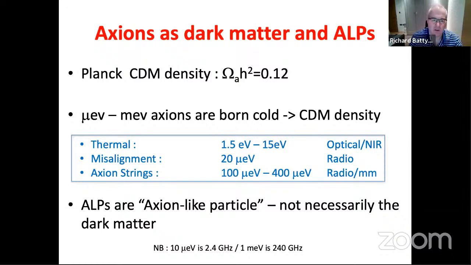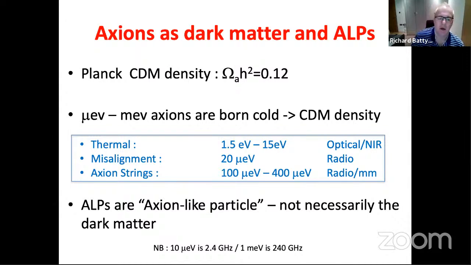The axion is a term that's used rather ubiquitously in theoretical physics to describe any kind of U1 symmetry. But I'm talking specifically about axions as a dark matter candidate. What we have to do is create a particle that has a density omega axion h squared equal to 0.12, which is the measured Planck cold dark matter density.